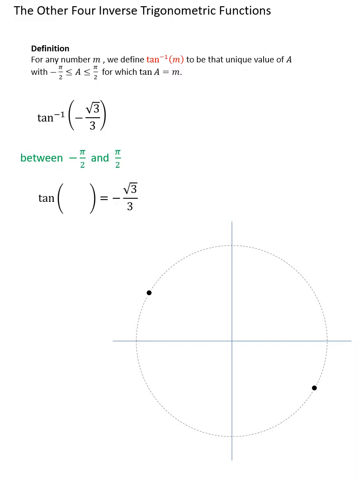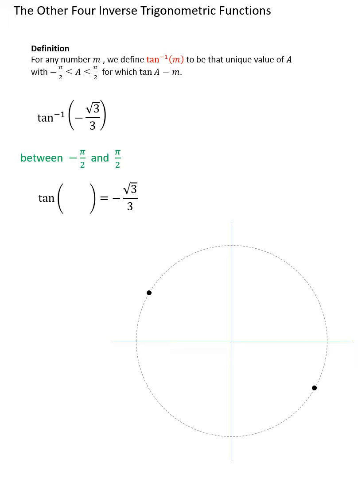Anyways, if you're a little confused as to how I've eliminated it down to these 2 points, and you're not sure about the logic, that's okay. Just consider all 16 points of interest on the unit circle, and you'll discover that these two are the only two that have a tangent of negative radical 3 over 3.